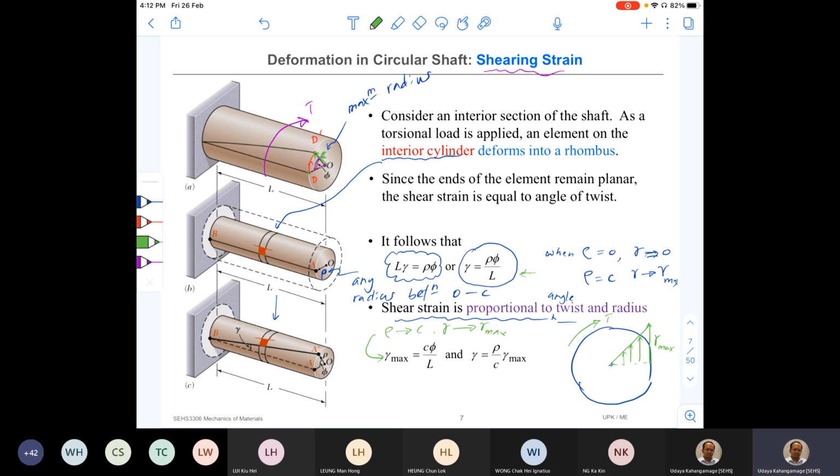Okay, gamma max is now equal to, in place of rho, now I put c, phi over L. Okay, and using this equation here, I can replace phi over L using gamma over rho, and finally I can get this equation.